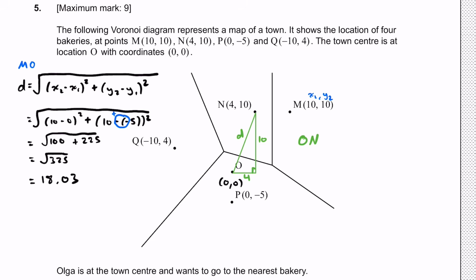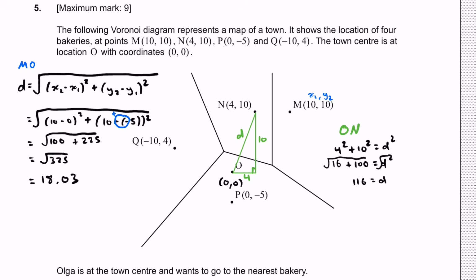We have 4 squared plus 10 squared equals D squared, essentially Pythagorean theorem. A squared plus B squared equals C squared. Working this out, we have 16 plus 100 equals D squared. Not exactly interested in D squared, we just want D. So let's add both of these together. And how can we cancel out this squared? Well, take the square root of both sides.